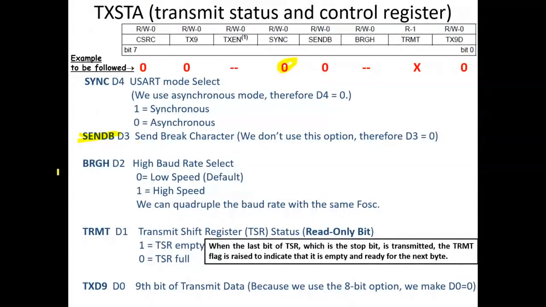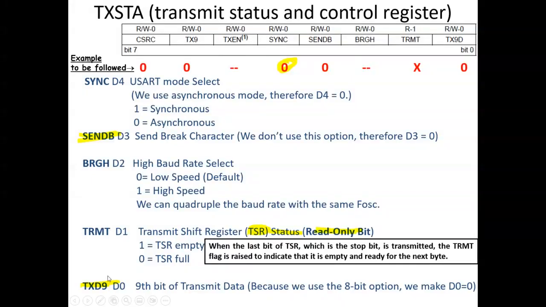Send break character, generally we don't send. Then we have the transmit shift register status, which is a read-only bit that gives us information about the TSR. And TX9D, we are not using transmission of 9 bits, so this bit is 0.